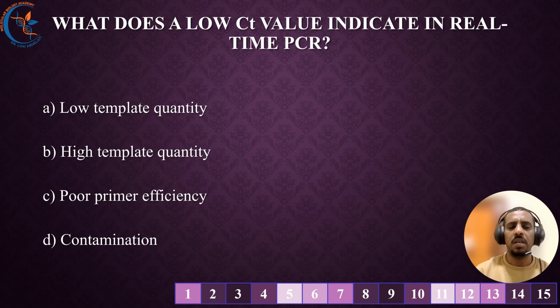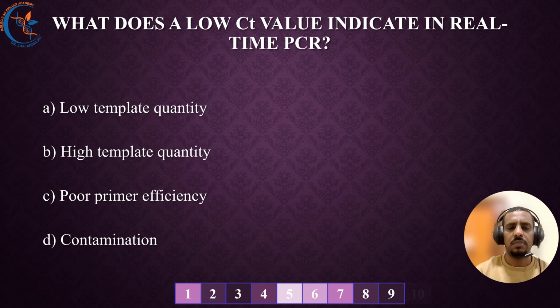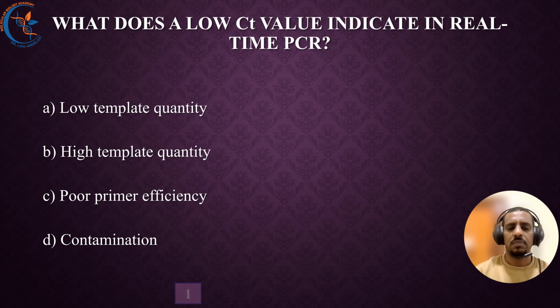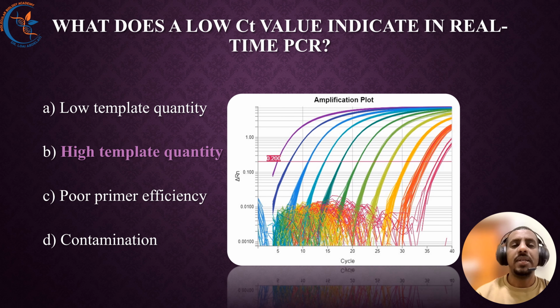Okay, the question here: what does a low CT value indicate in real-time PCR? The correct answer is high template quantity. Actually, a low CT value means the fluorescent signal crosses the threshold early, right?